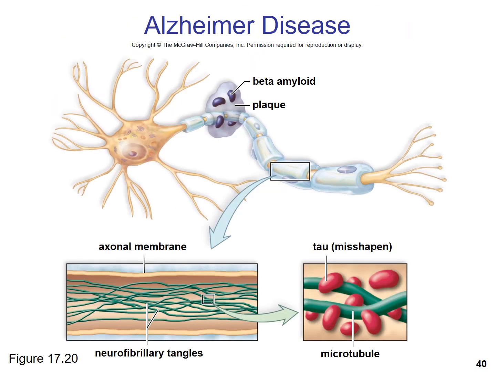Okay, if you take a look at the top picture, you can see where there's the beta amyloid and it's forming a plaque, and that plaque can actually sit down on part of the neuron and inhibit the neuron from firing. Inside the axon, if you look at the bottom, then you've got these neurofibrillary tangles, and this happens when a protein called tau binds to microtubules, and there are some different effects of this.